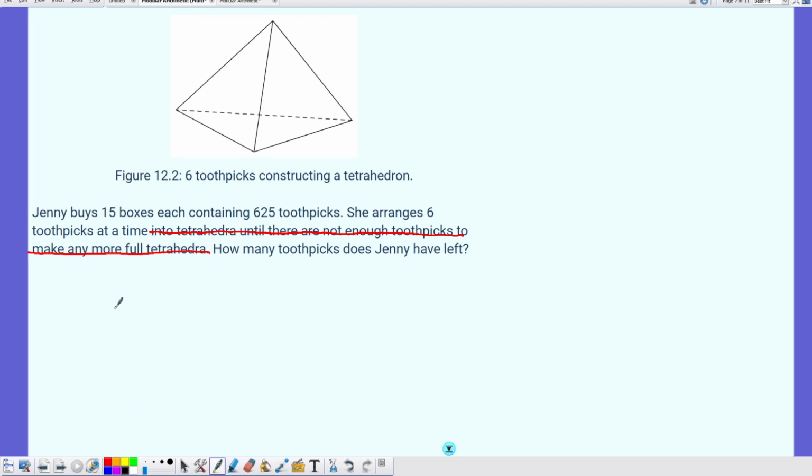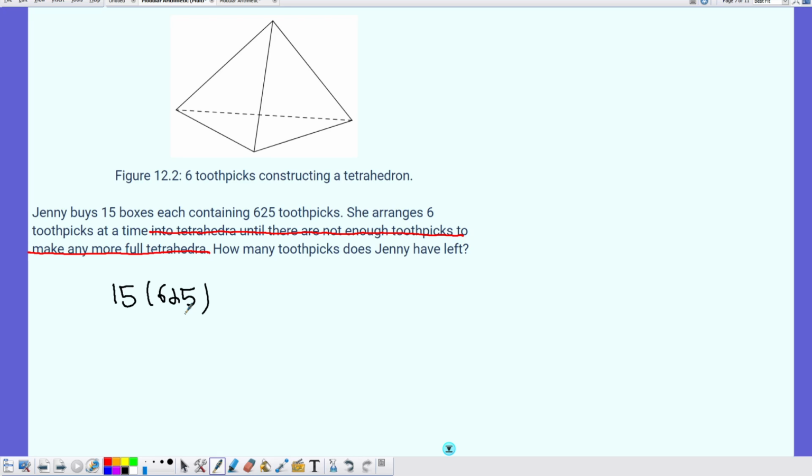Now, our instinct might be to find the total number of toothpicks. That'd be 15 times 625. That might be our first instinct, especially if we're coming from a class like Algebra 1, where you do things in the traditional way.